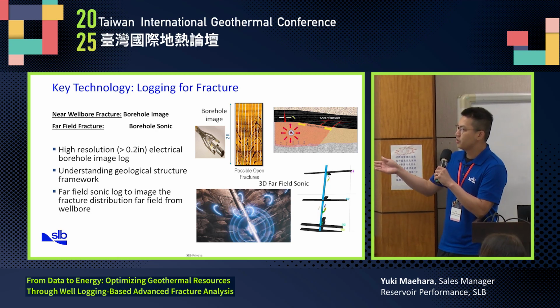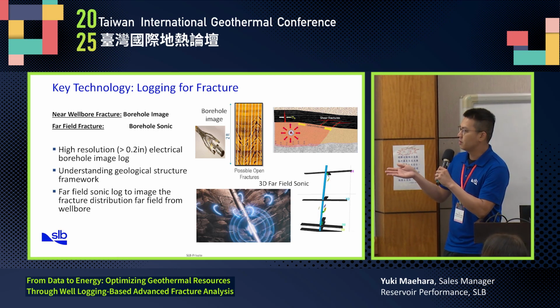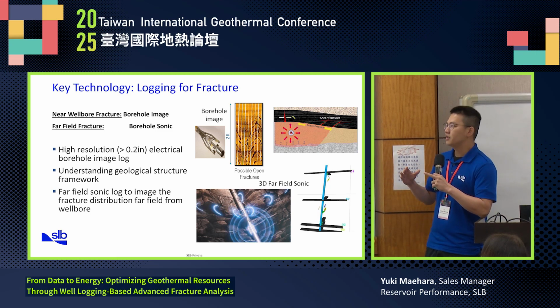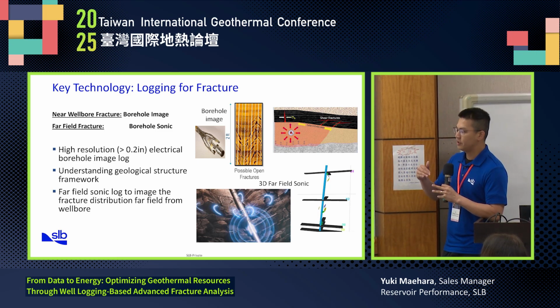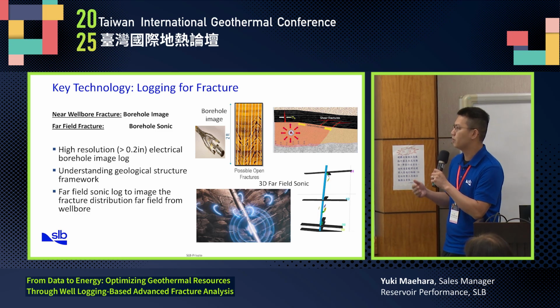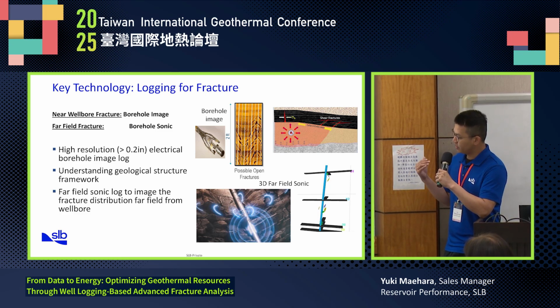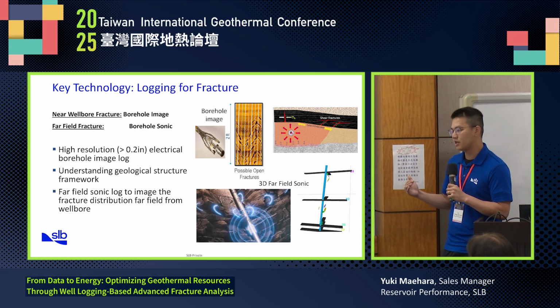As you can see, we have an FMI, a borehole image log. It has 4 directions with calipers, and each arm has 24 buttons to cover around 80% of an 8.5-inch open hole. So it's quite good. You can adjust the caliper size based on different hole shapes.